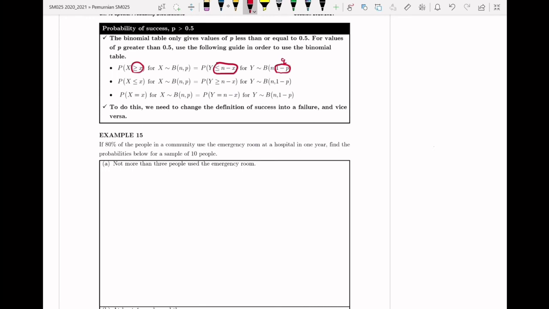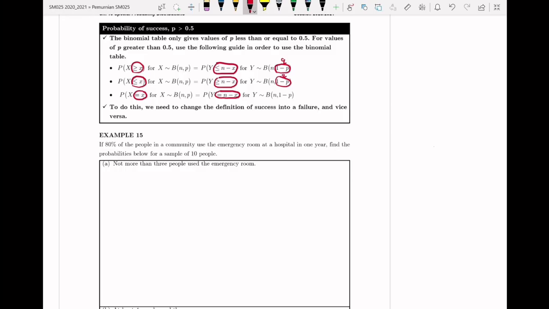Similarly, if we have P(X ≤ x), for X binomially distributed with n and p, we need to change it to Y greater than or equal to n minus x, for Y binomially distributed with n and 1 minus p, which is q.